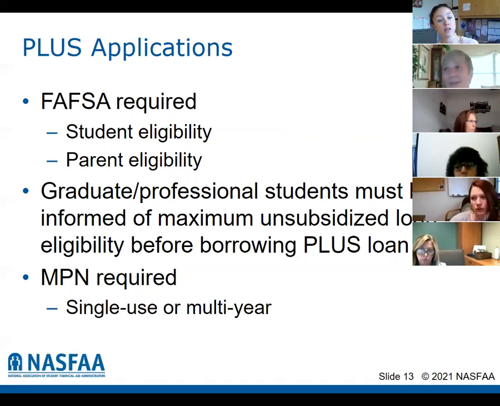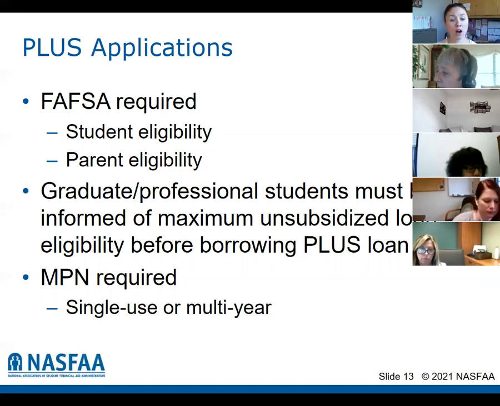So the FAFSA is the initial application. That's how we know if the student or the parent is eligible, and how much they are eligible for, based on the student's federal student aid eligibility and their eligibility for Title IV.